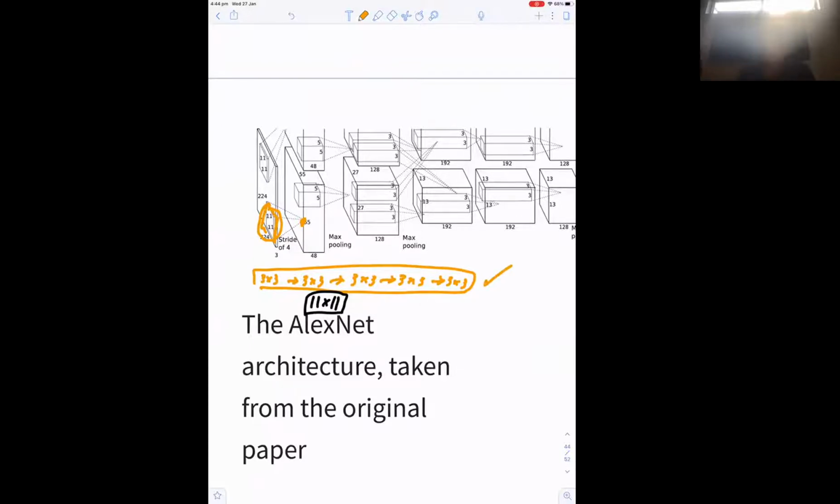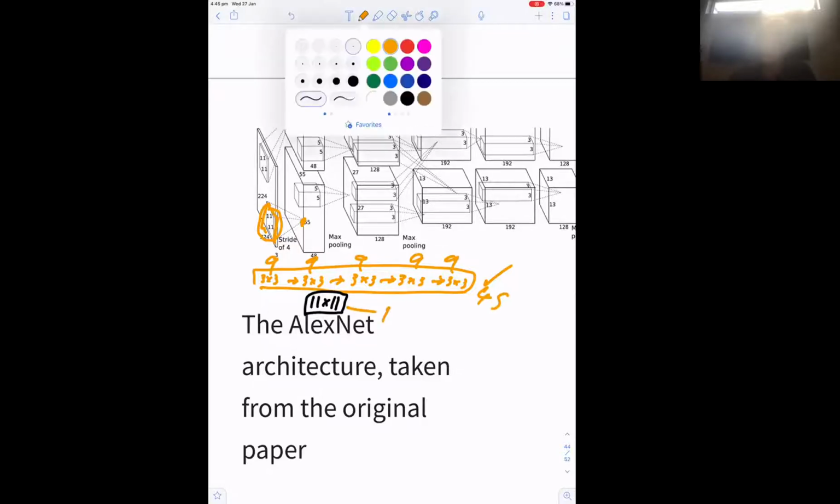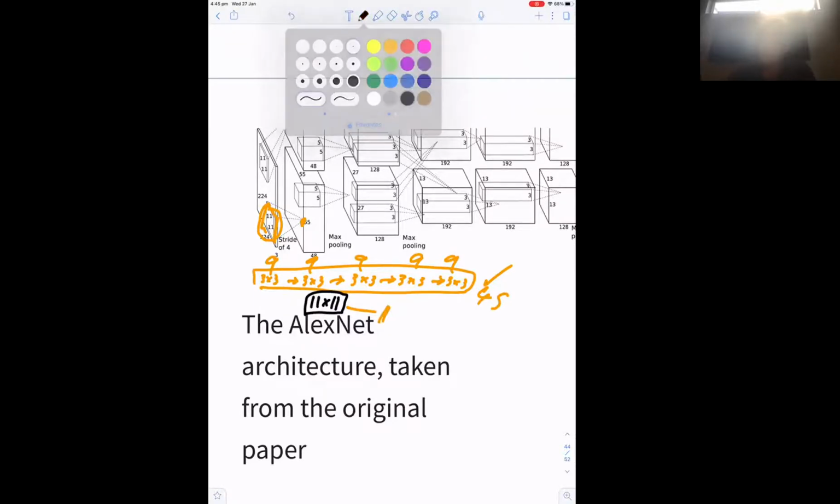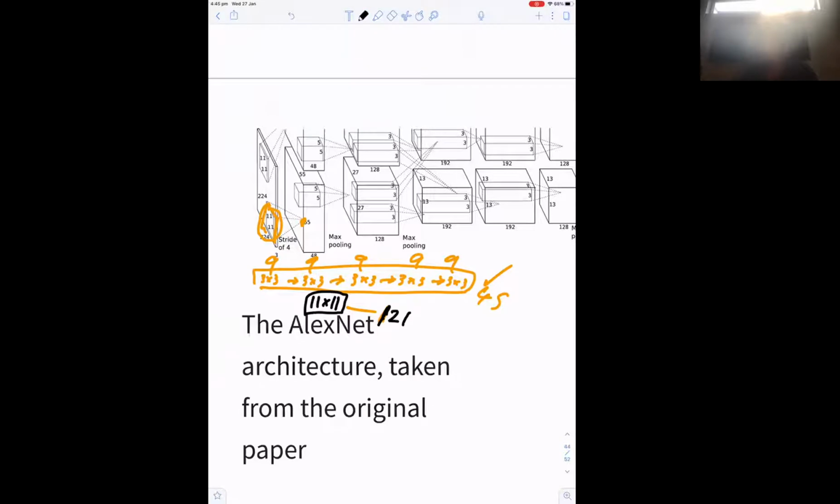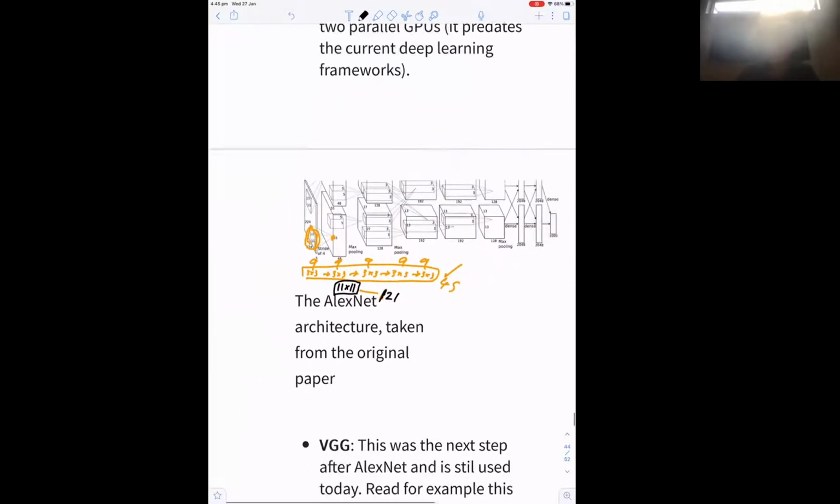It's preferable because if you compute the number of parameters, you've got 9 per channel, so let's assume a single channel. That's 9 times 5, which is 45 parameters, and this is 121 parameters. Okay, that's a typo.